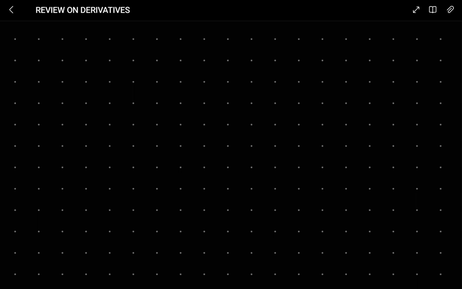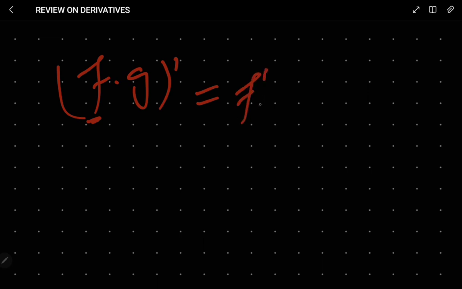All right, so if you have the derivative of f times g, very easy. The derivative of this one is the first one, f'(x) times g, plus g'(x) times the function f. Very easy, yes.